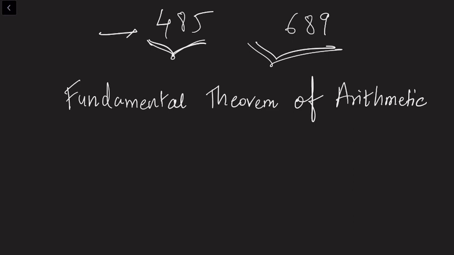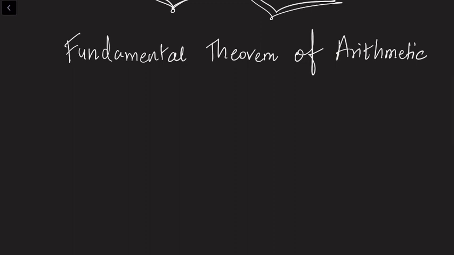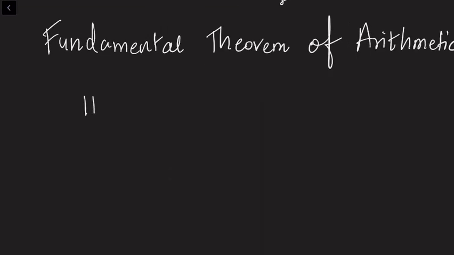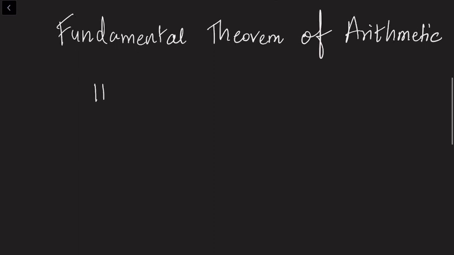You can see that in this sentence, composite numbers and prime numbers come up. So first of all, you should know the definitions of a composite number and a prime number. What is a prime number? A number is called a prime number if the divisors of that number are the number itself and 1. If these two are the only divisors, it is a prime number. Suppose 11 has only two divisors, the number itself, 11, and 1.